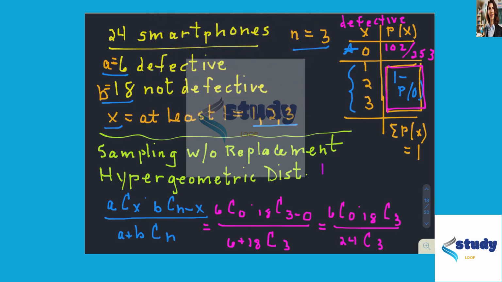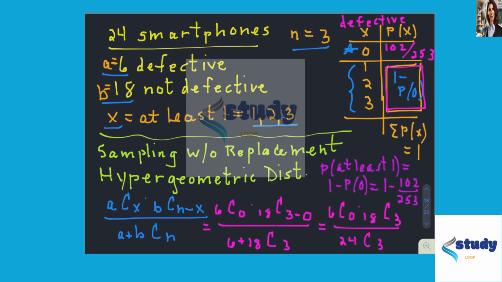So the probability of at least 1 equals 1 minus the probability of 0, or 1 minus 102 over 253.